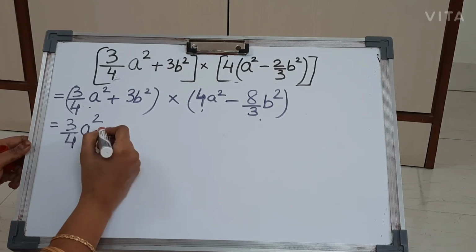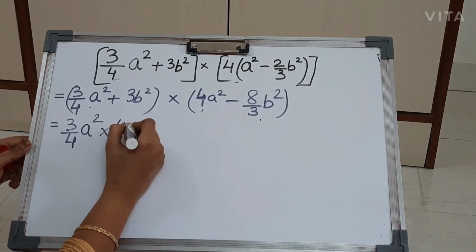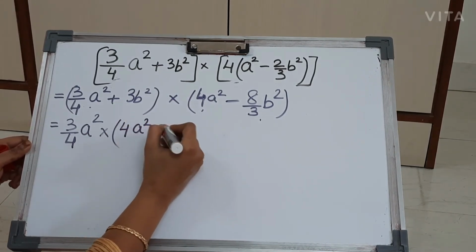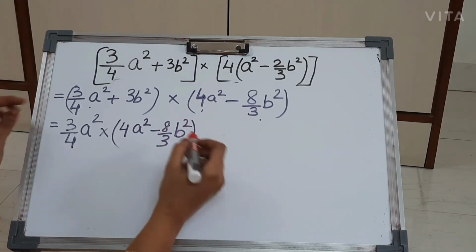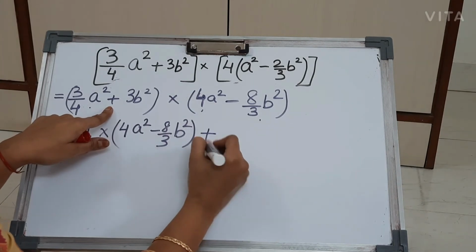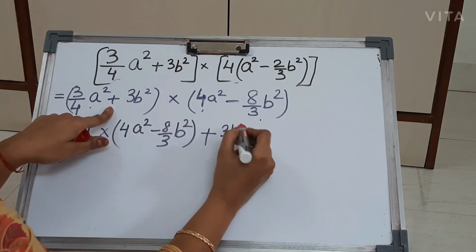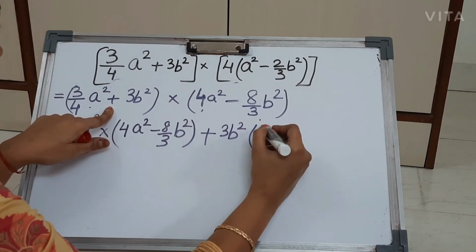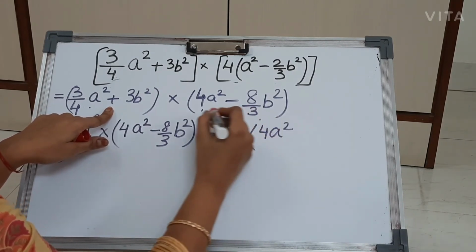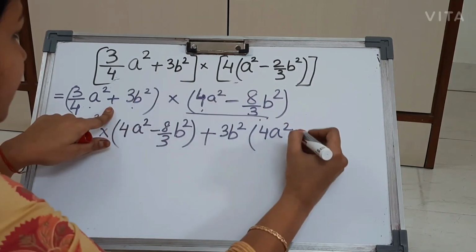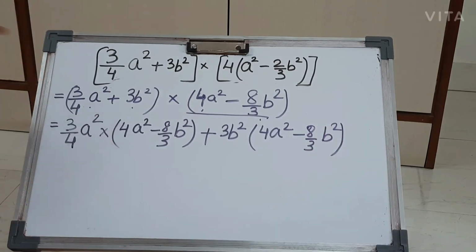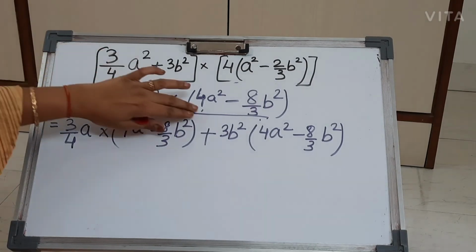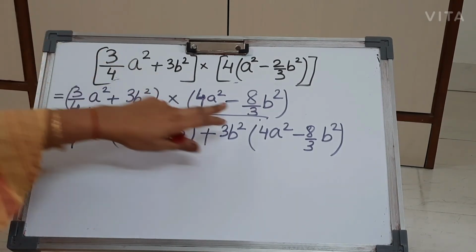So what we will do here, we will take this as a whole in the next step for multiplication so that you will clearly understand this. Again, what is the sign here? Plus. So we will take this 3b squared, 4a squared, again we will multiply this whole with this, minus 8/3 b squared. Ultimately what we are doing is multiplying this term with this and again the same term with this.